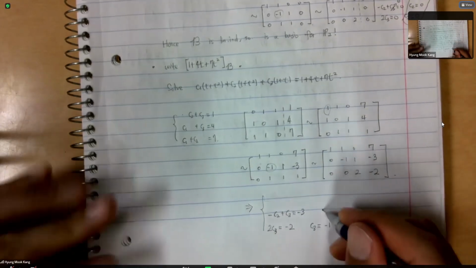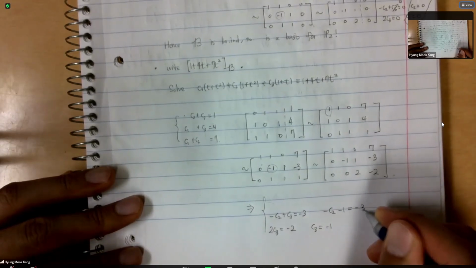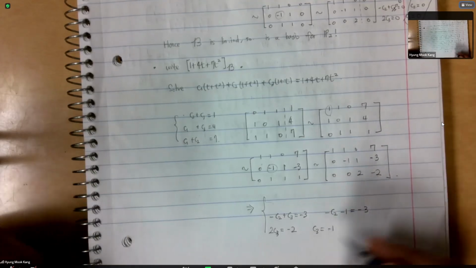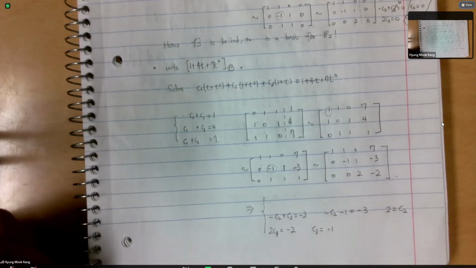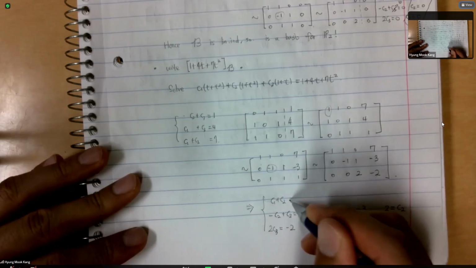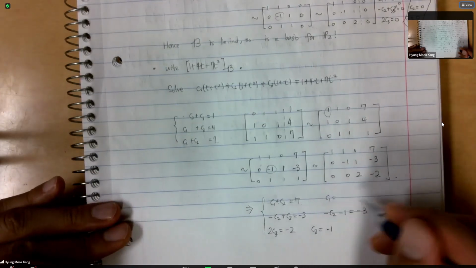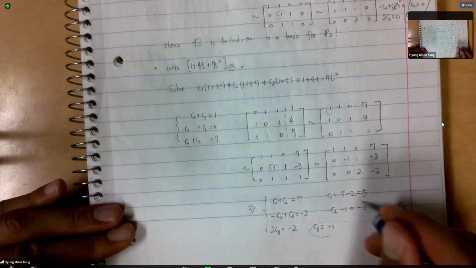So plugging in -1, you put C2 to the right, -3 to the left, you got 2 equals C2. The last one, C1 plus C2 equals 7, where C2 is 2, so C1 equals 7 minus 2, so we get 5. So we got all these coefficients.